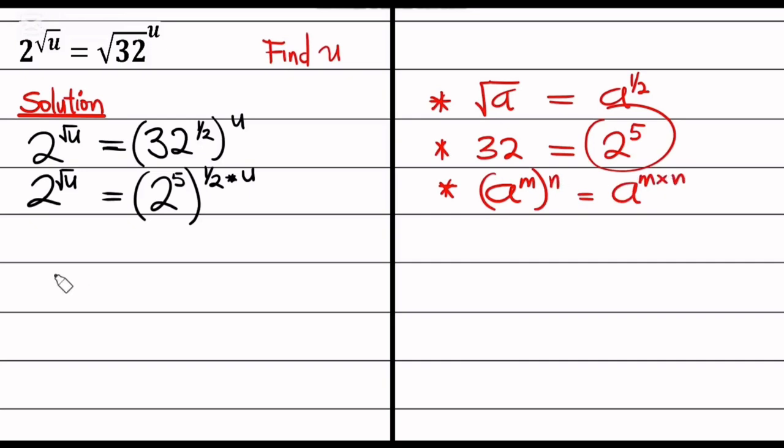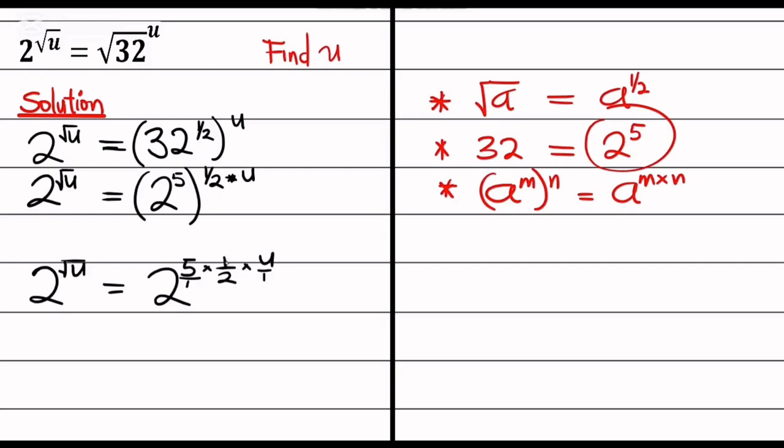Therefore, doing the same thing here, we have 2 raised to the power of square root of u equals 2 raised to the power of 5, multiplied by 1 over 2, multiplied by u. At the end of the day, we multiply the numerators through and make this a fraction, also u over 1.